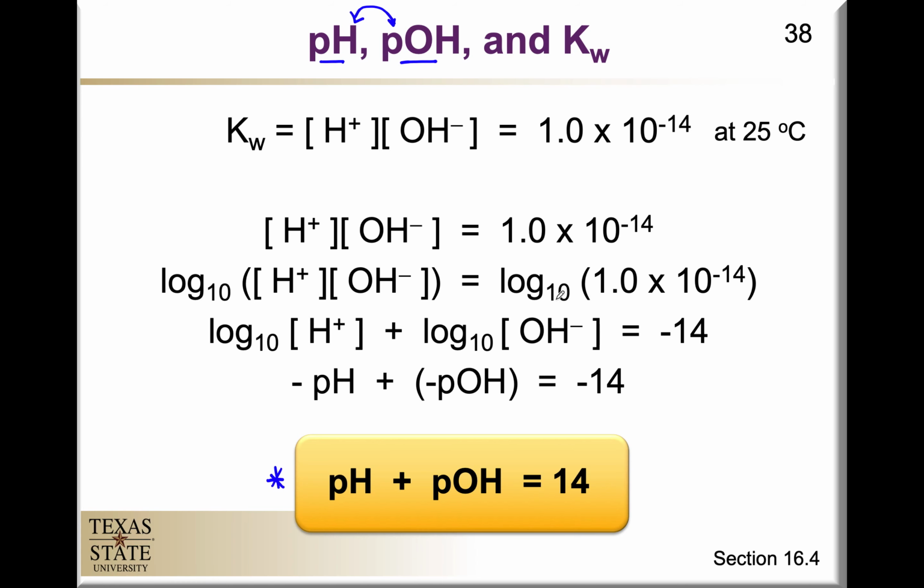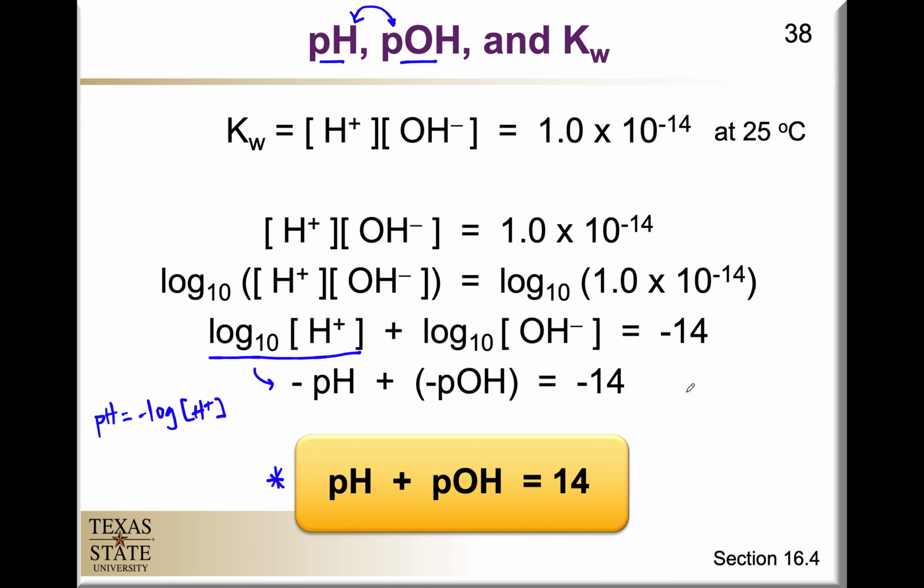Now, on the right-hand side, when you take the log of 1.0 times 10 to the minus 14, that gives you minus 14. Next, we need to remember that by definition, pH was defined as the negative log of the hydrogen ion concentration. So this right here seems to be the negative of this, right? They have the opposite sign, which means that this basically is summarized as negative pH.